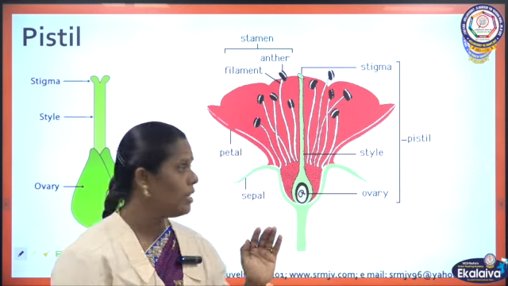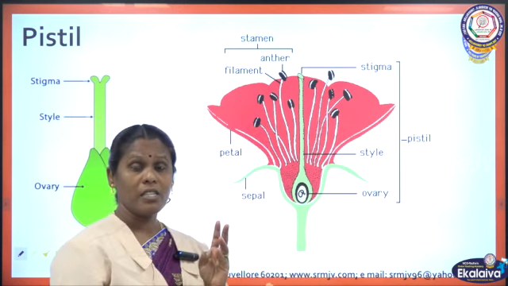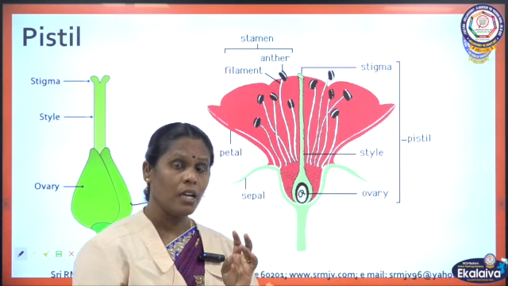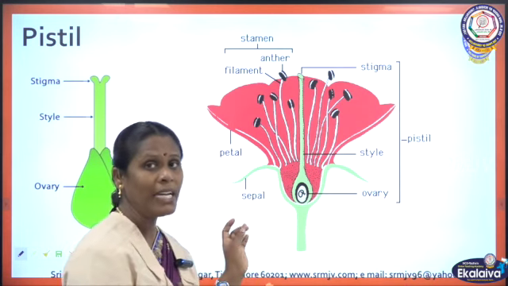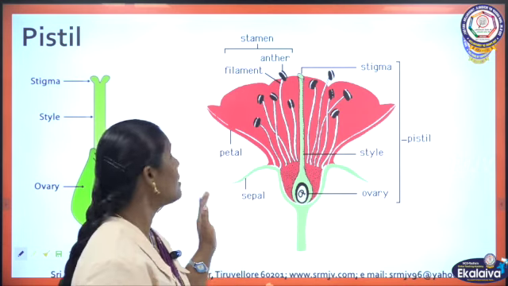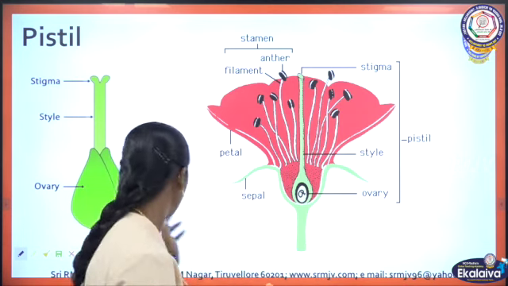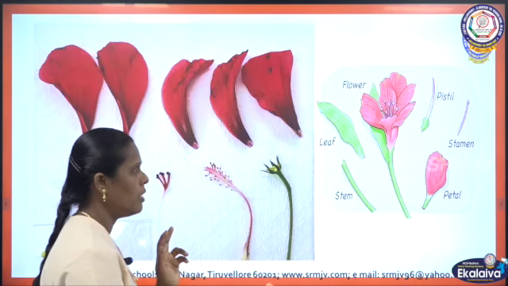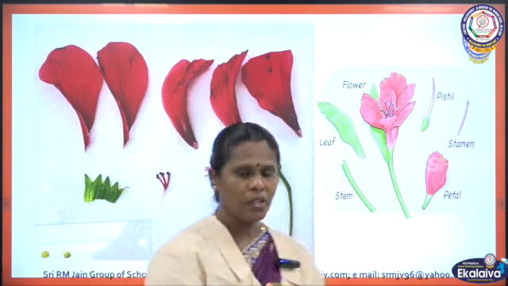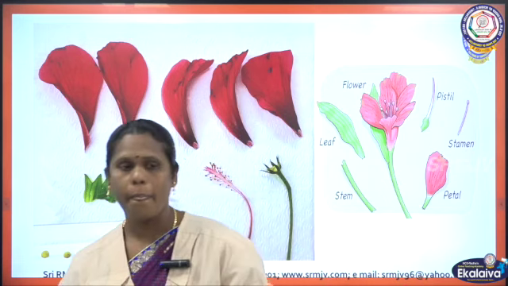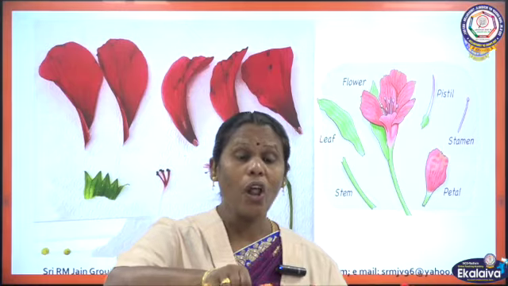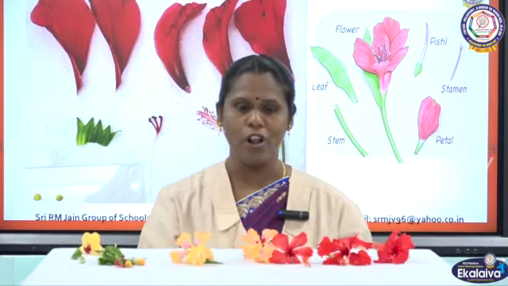So in this flower, the parts are sepals, petals, stamen, which is the male part, and pistil, which is the female part, right? Now, I am going to dissect the hibiscus flower.